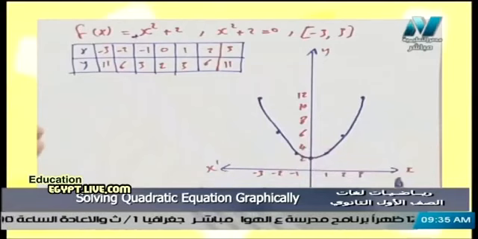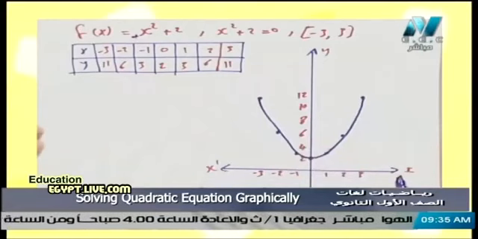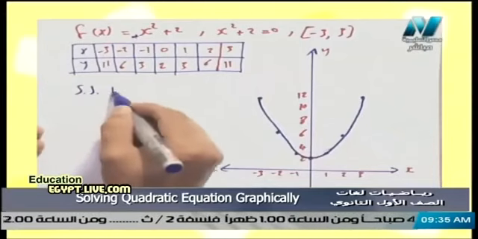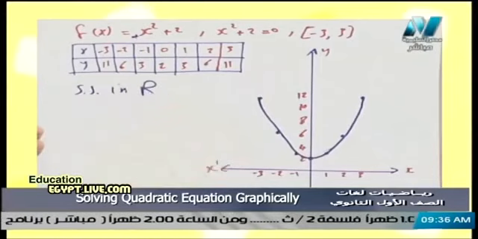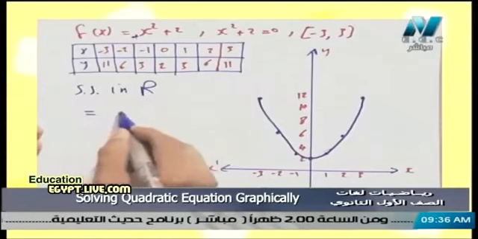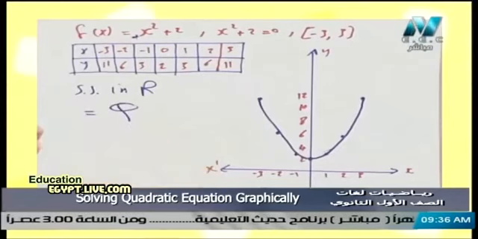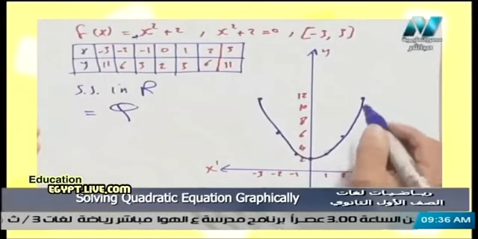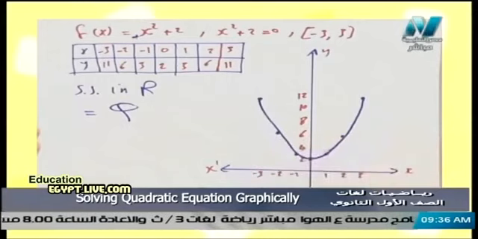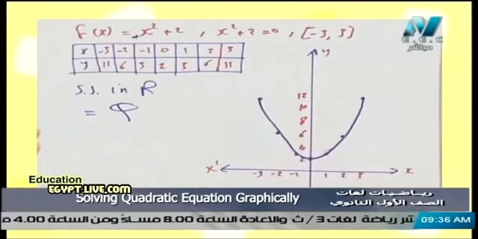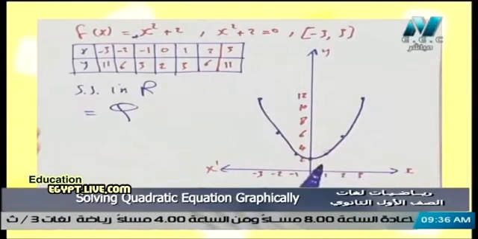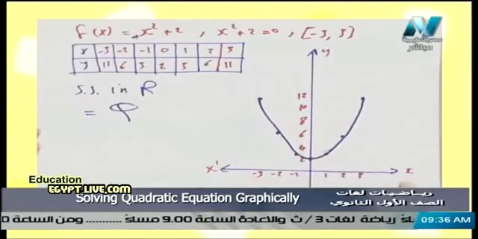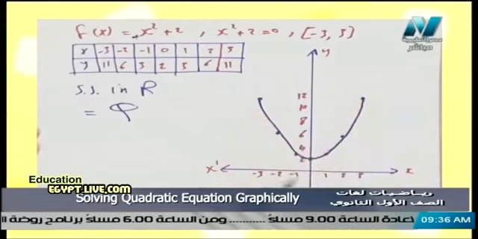The curve has no intersection with x-axis. So the solution set in R, the real numbers, equals phi. Phi is the empty set. That means that if the curve is up or even down and it doesn't intersect with x-axis, the solution set here equals phi.